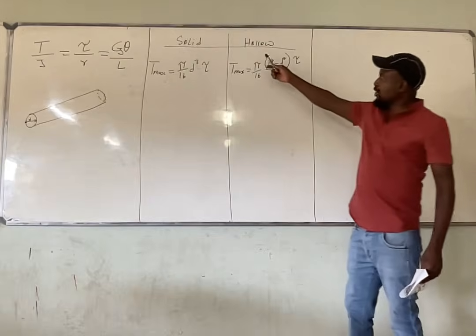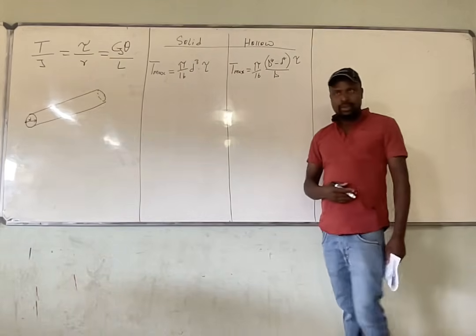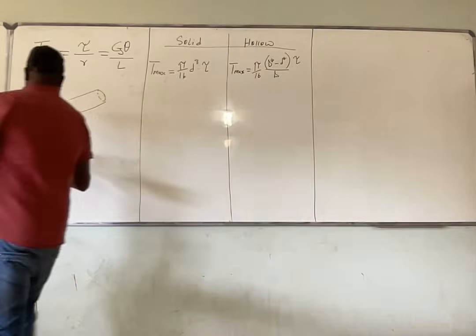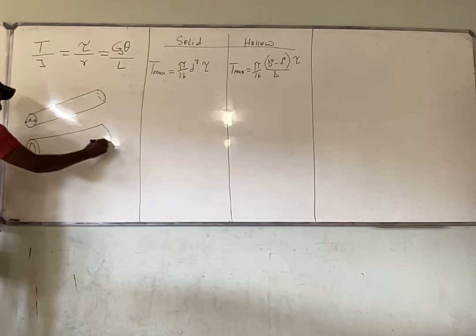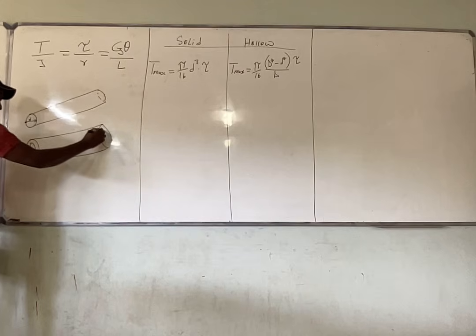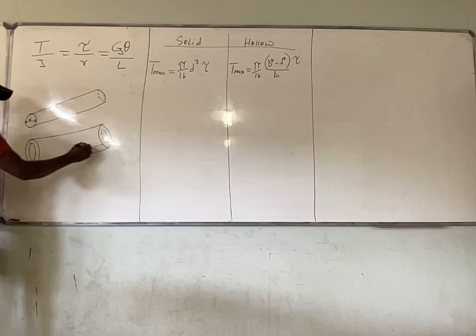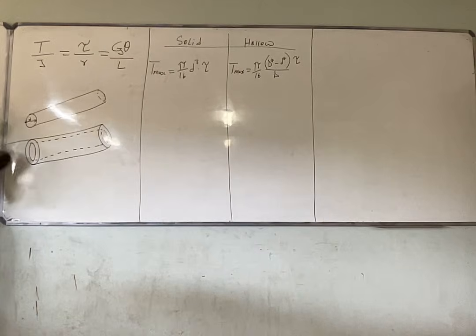A hollow shaft has a hole. So this will be our hollow shaft, which has the outside diameter as capital letter D and the inside diameter as small letter d.